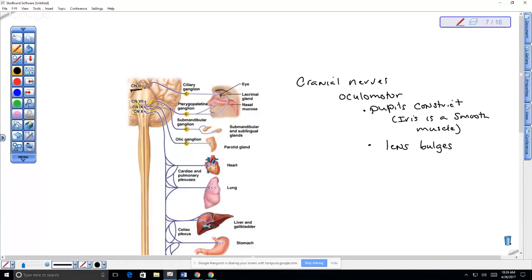So the ability to focus on an object that is close to your eye is actually parasympathetic. So this is close vision. Okay. So cranial nerve here, number 7, that is the facial nerve.